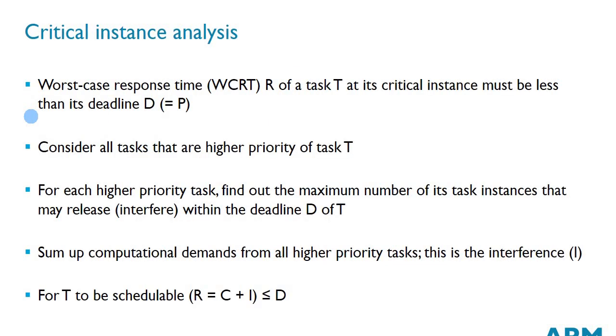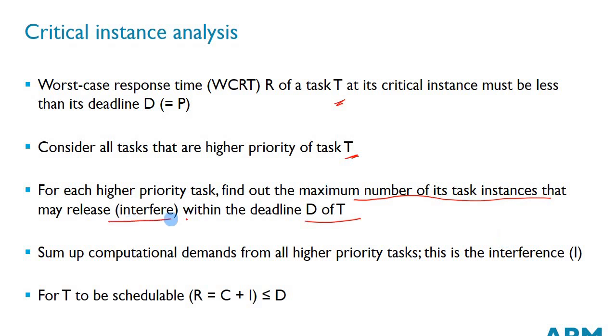What we want to do is make sure that the worst case response time for the task, in our case task 3, factors in the maximum number of task instances that may interfere with its deadline. What do I mean by interference?